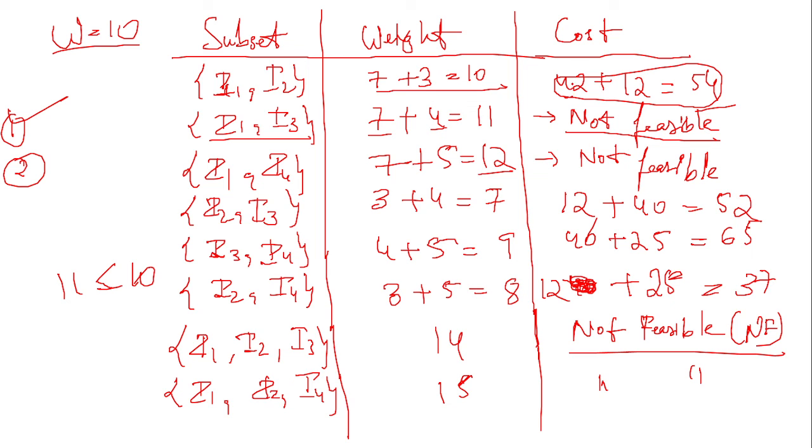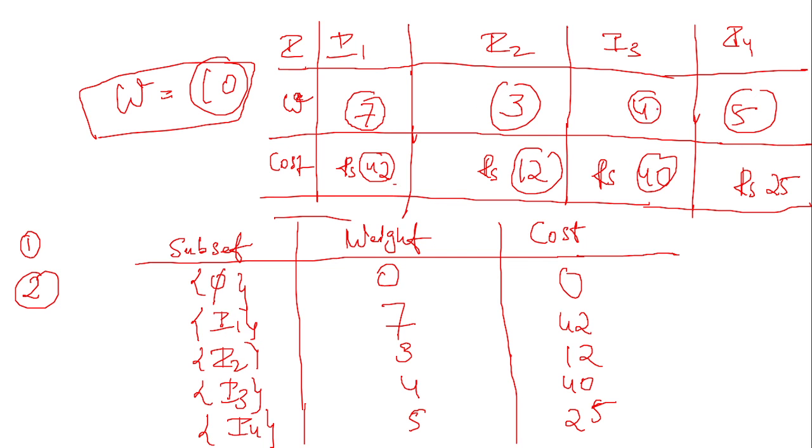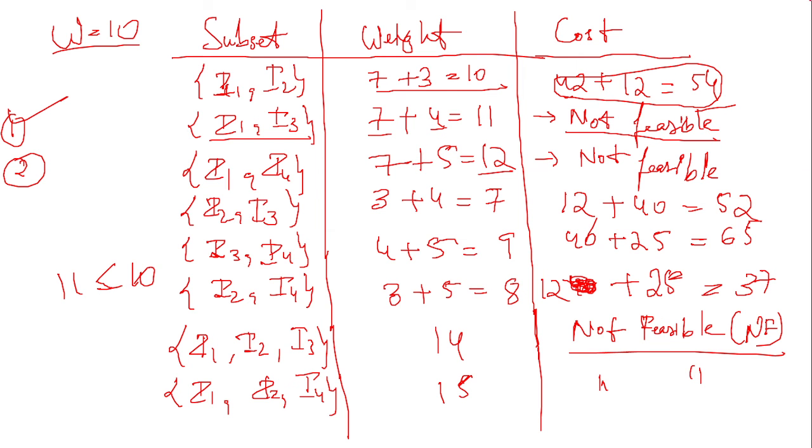from all these costs, find the best set whose cost is more. You can see here the cost is 45, 25. Here 42 is bigger, and here 65 is bigger. We'll see if anything exceeds 65. No, nothing.